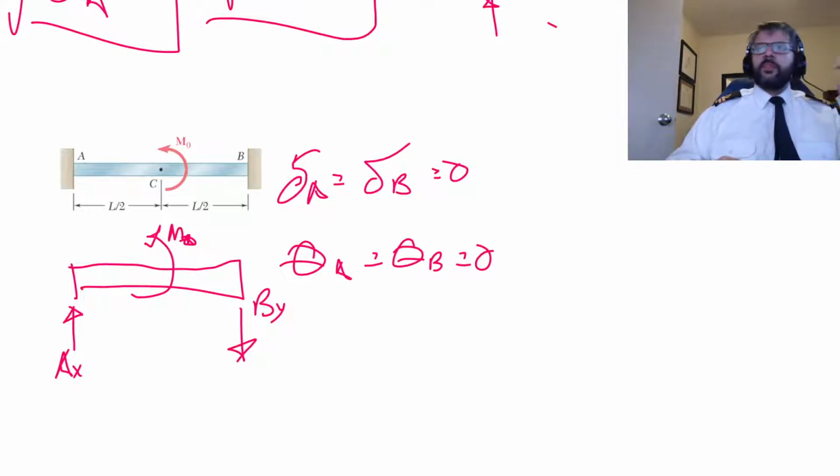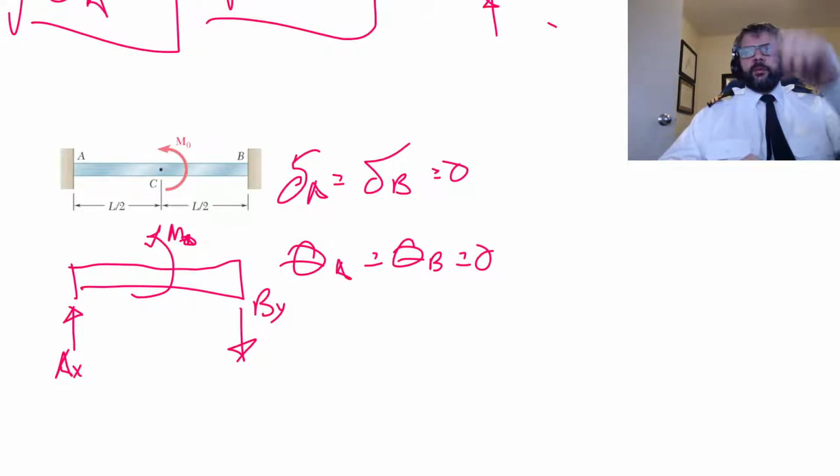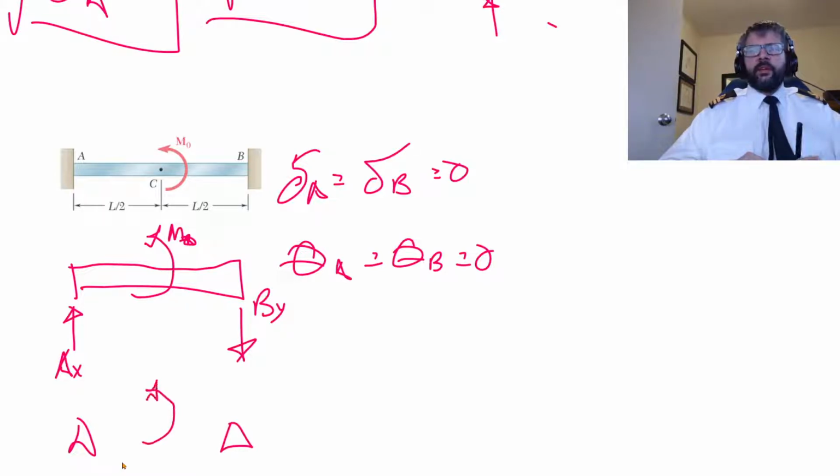So we're also going to end up having some moments applied at A and at B that are going to keep this thing straight as well. Like if these things were just pinned, and we cranked a moment like that, then we'd expect to get displacement like this.